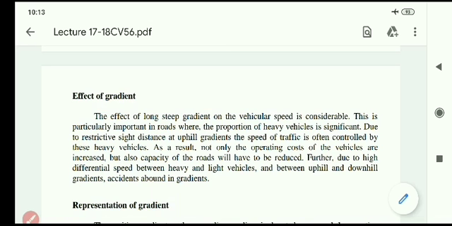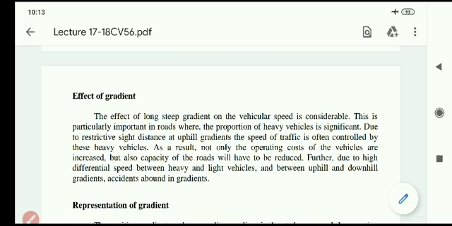This is particularly important on roads where the proportion of heavy vehicles is significant. Due to the restricted sight distance at uphill gradients, the speed of traffic is often controlled by these heavy vehicles. As a result, not only are the operating costs of the vehicles increased, but the capacity of roads will also have to be reduced.